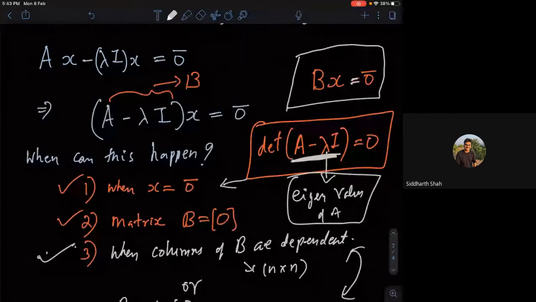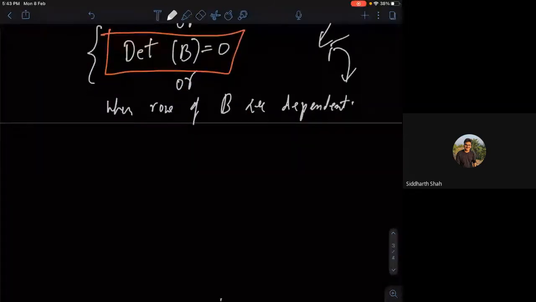We started off all these things to find the eigenvalues of this matrix A, and what we are saying is that the eigenvalues of A are those lambdas such that the determinant of A minus lambda I is 0. Now let's look at an example.